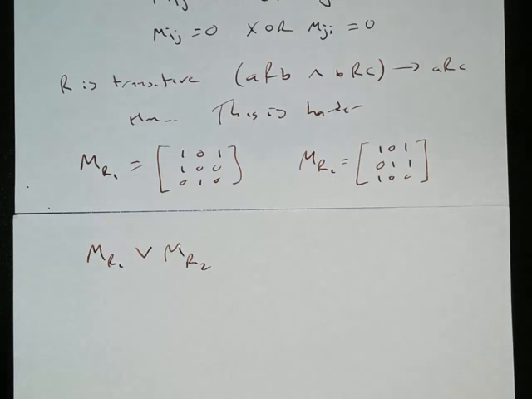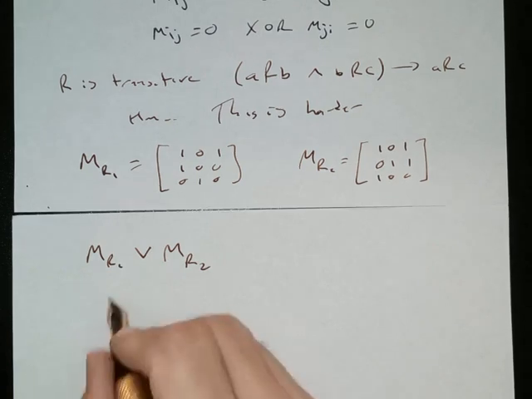And all that means is that in each and every spot, I take the thing in the first matrix or the thing in the second matrix. Now, because the people who did matrix and relations didn't spend a lot of time talking to the people who did logic and logic symbols, they called this something different, which annoys me. It's an OR. I should call it an OR. But the people who do relations call this a join.